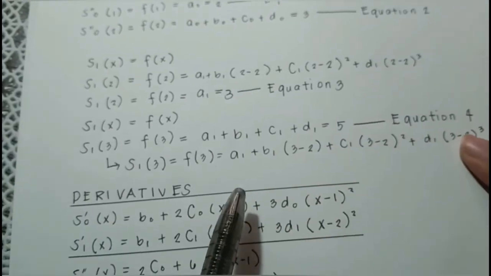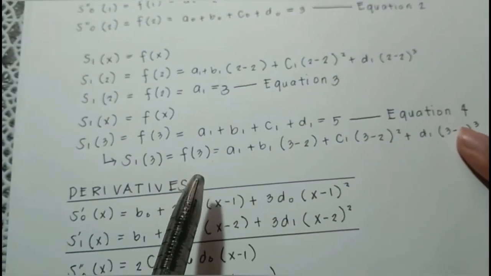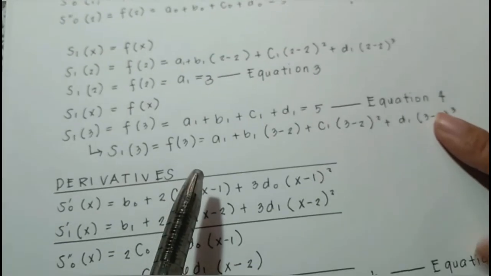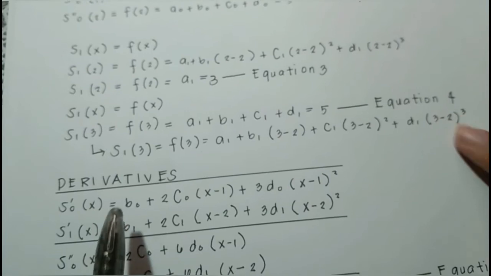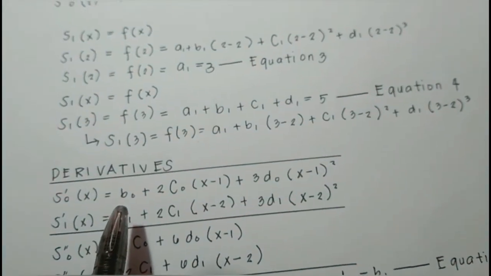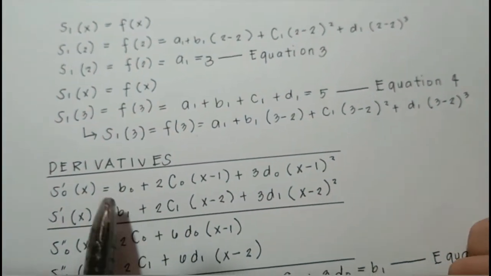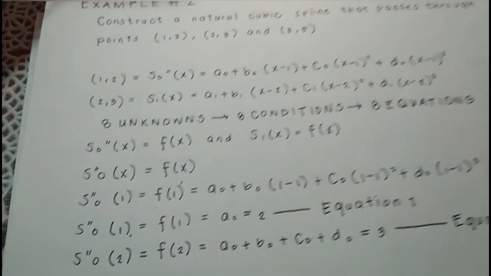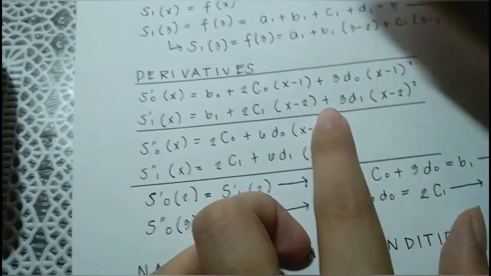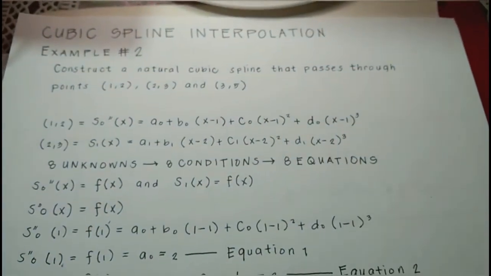And then after substituting the x, or the intervals, to the equation of s node and s sub 1, we get the derivatives. So the derivative of this equation is this. And the derivative of this equation is this.